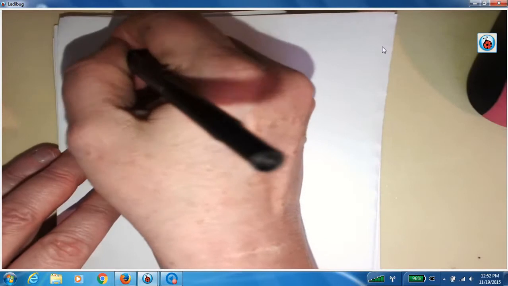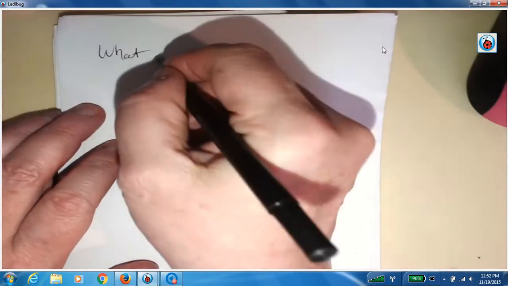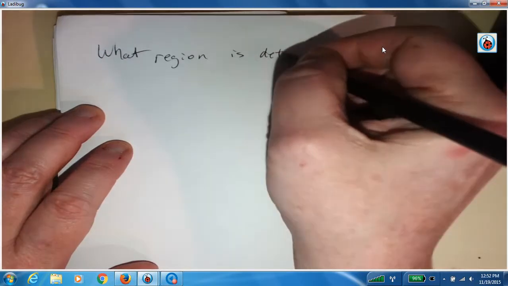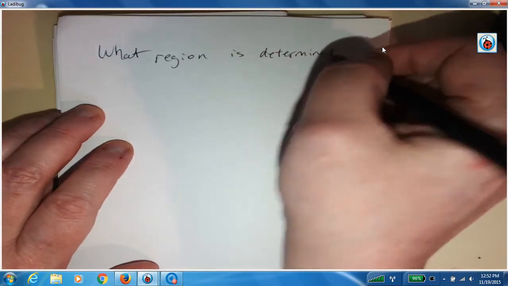So what region is determined by the following?